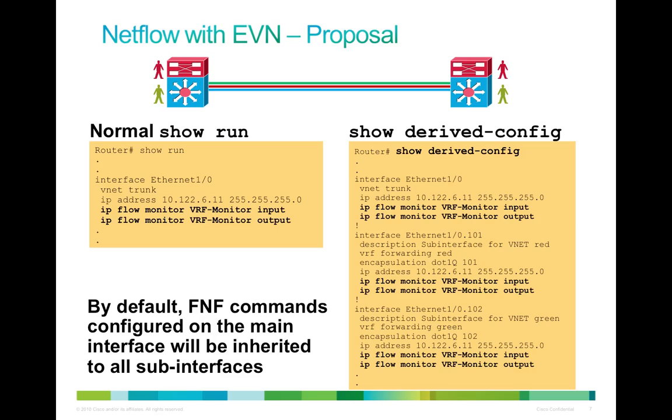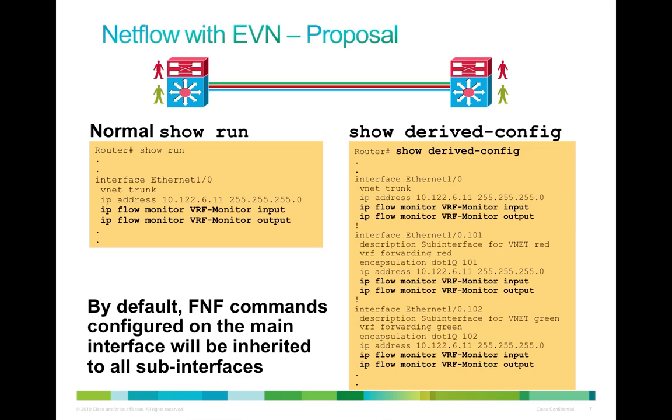Here we can see NetFlow deployed alongside Easy Virtual Network. In an EVN configuration, when you do a typical show run, it's just going to show that you have a main physical interface with the VNet trunk command on it. In this case, we're applying Flexible NetFlow version 9 to this configuration with the IP flow monitor commands for input and output.